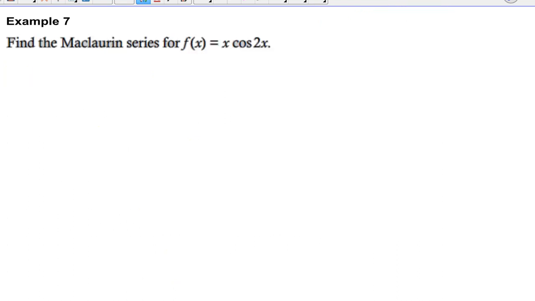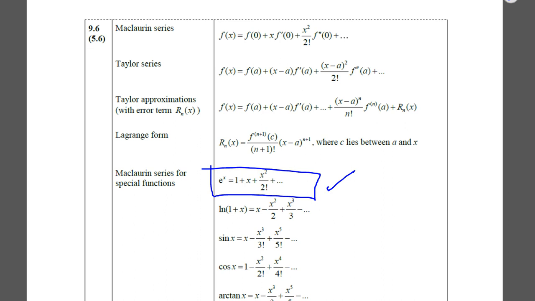In this question, we are required to find the Maclaurin series for f of x equals x cos 2x. So we shall use the Maclaurin series expansion for cos x, and this is in the formula booklet.